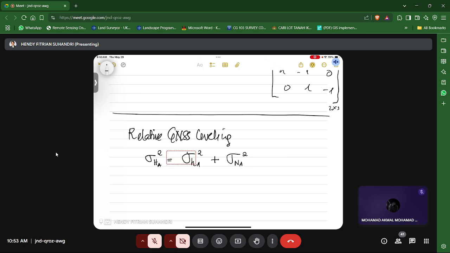If you see this carefully, you'll find it is the same as equation 6.